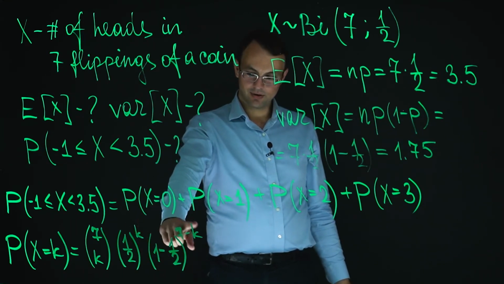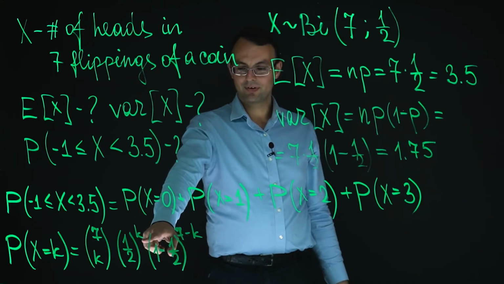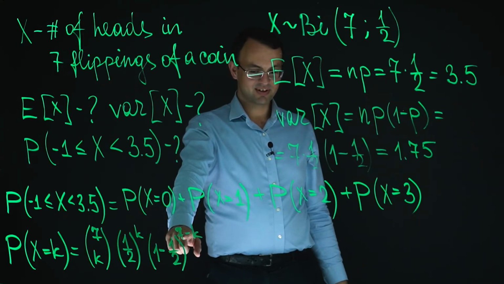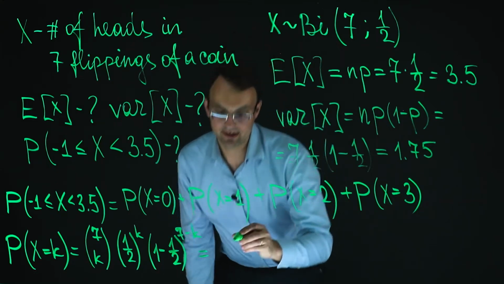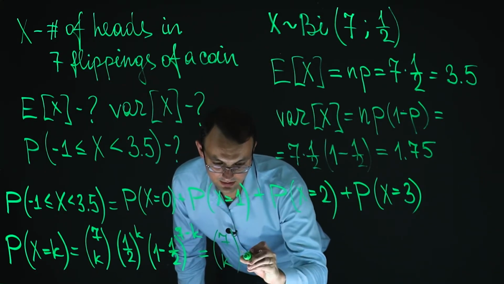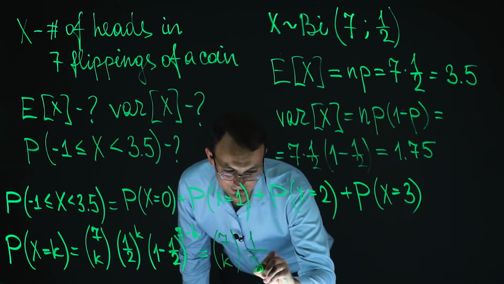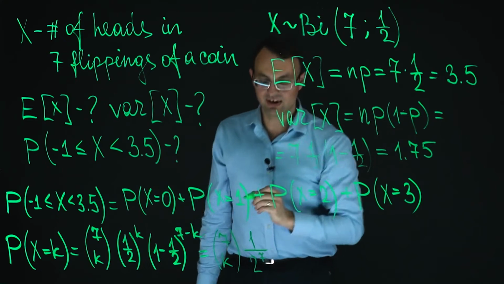And so every time here we have just 1/2 to the power of 7. So in our case, we have 7 choose k times 1 divided by 2 to the power of 7.